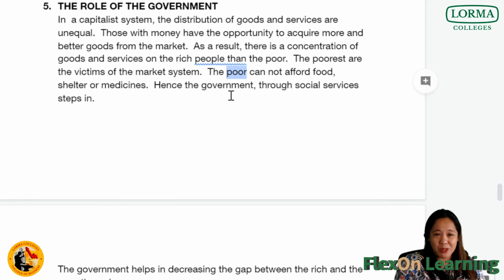So we have the DSWD, we have DTI, DOLE, agencies like that who step in. They cater to the needs of the poor. And that's the role of the government, to see to it that the gap between the rich and the poor is not too great.